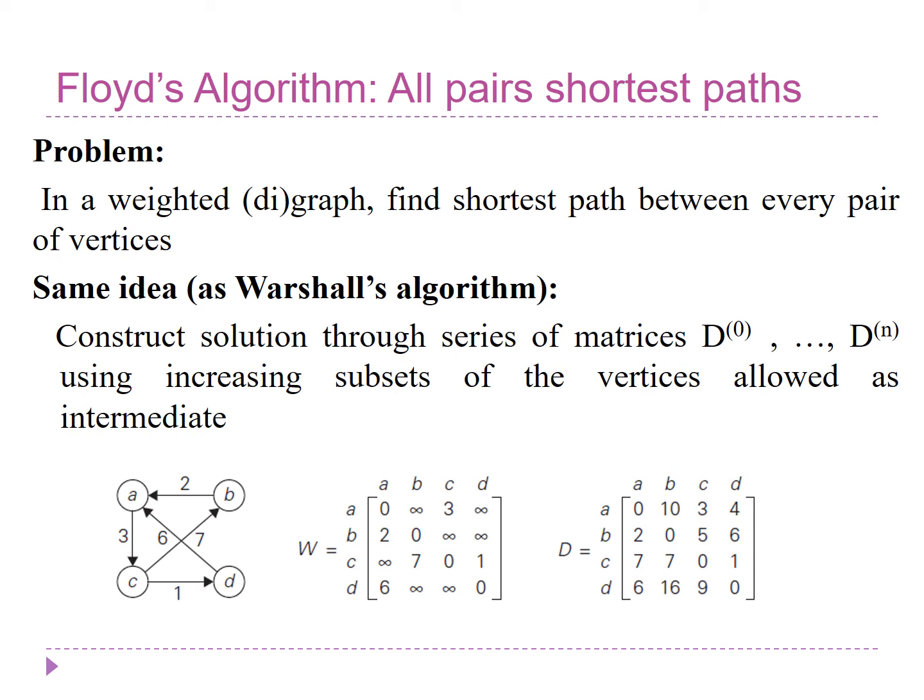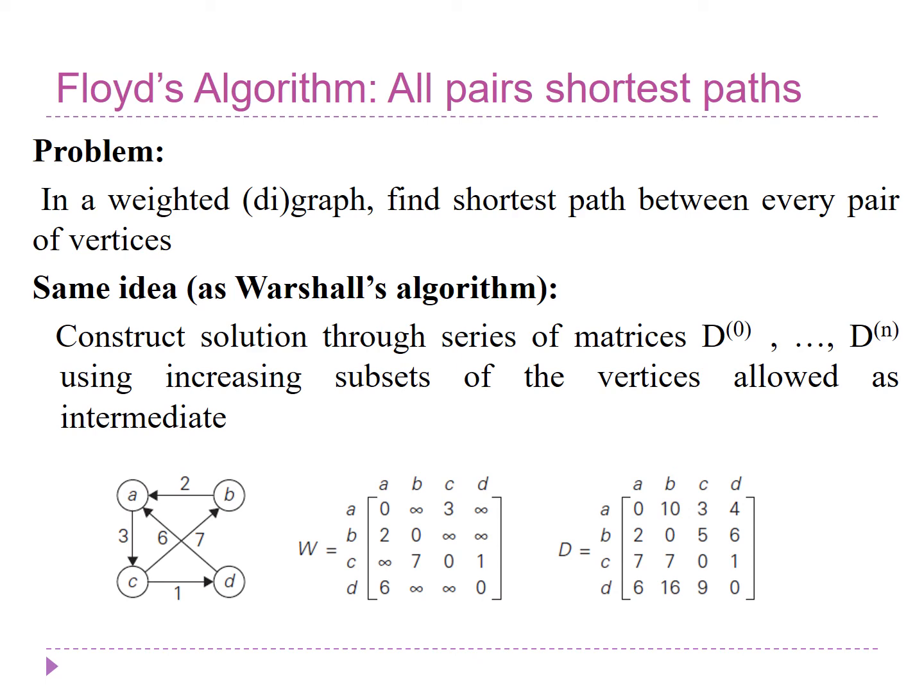Hence, the total weight from A to B is 10, which is represented in the A th row and the B th column value 10 in the matrix D. Similarly, all values in matrix D represent the weight of the path between the corresponding vertices.